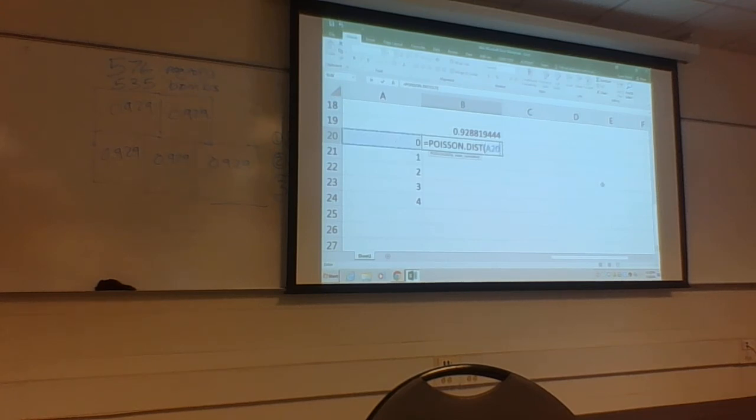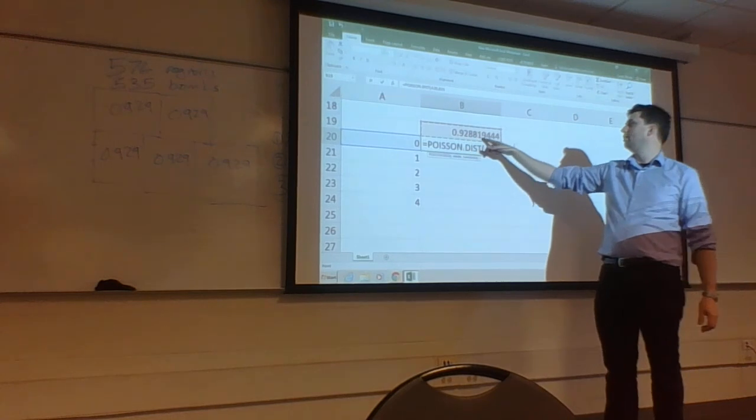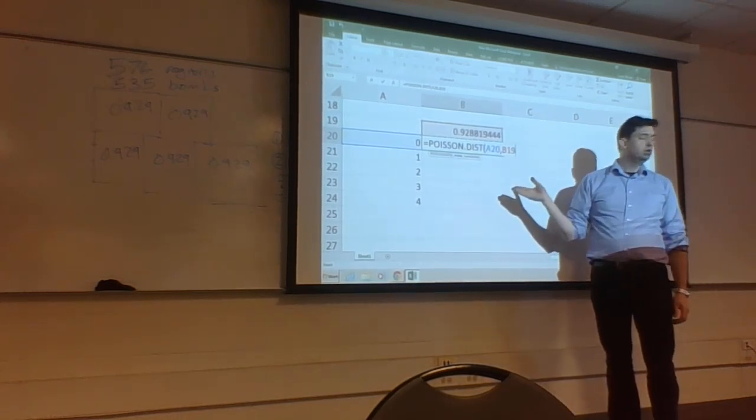X is the bombs in question, 0 in this case. This is our average, 0.928819, which I don't want to have to type in each time, and I want to drag this down.